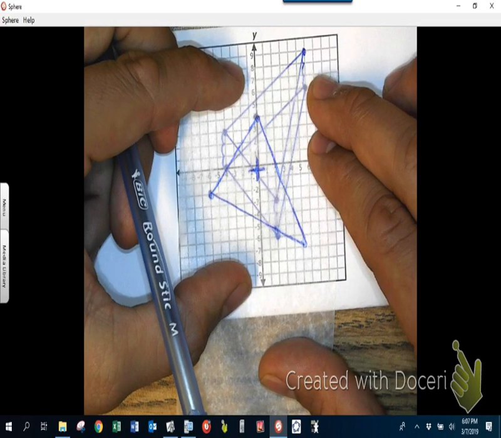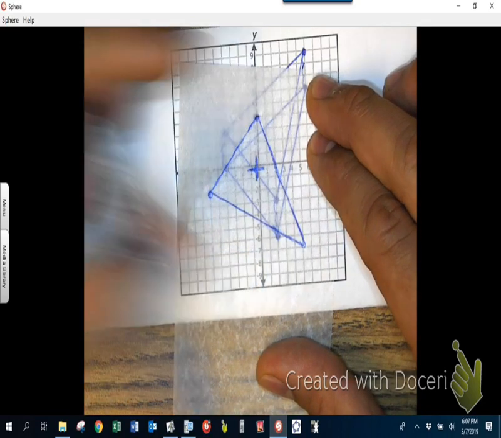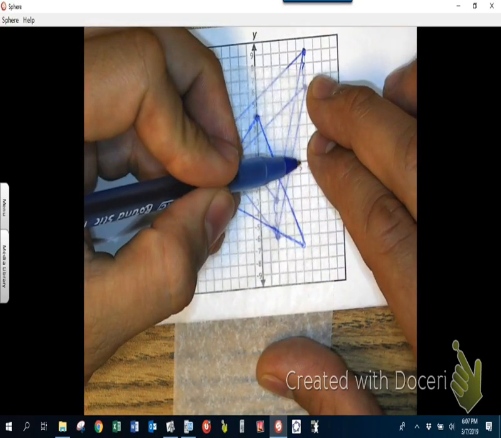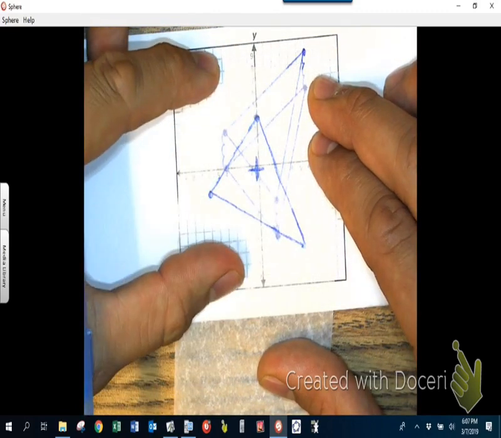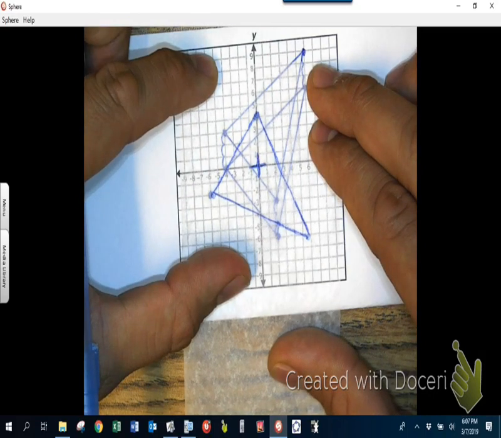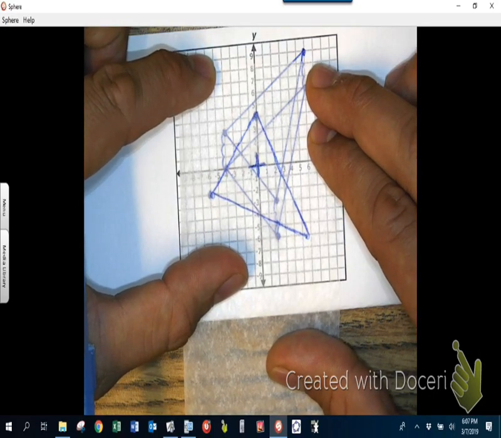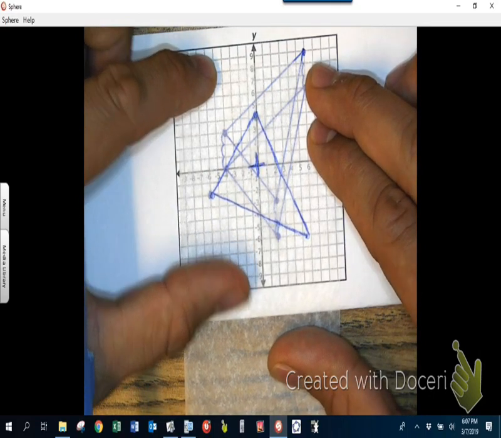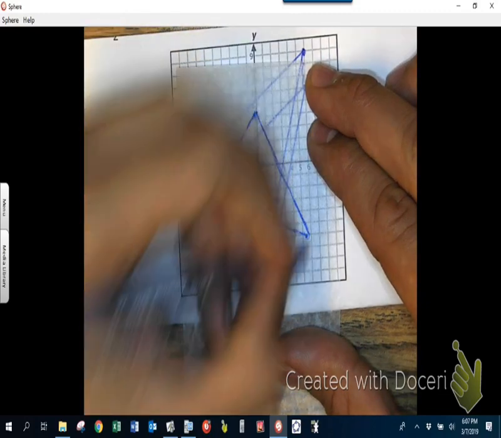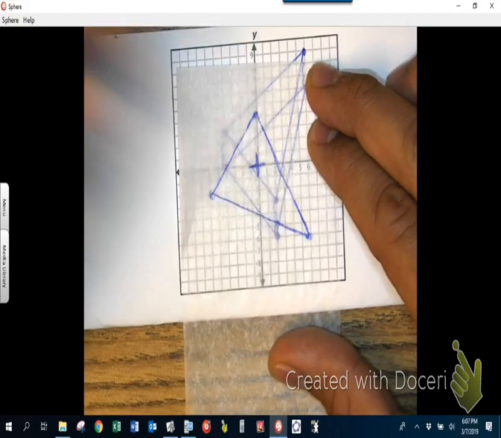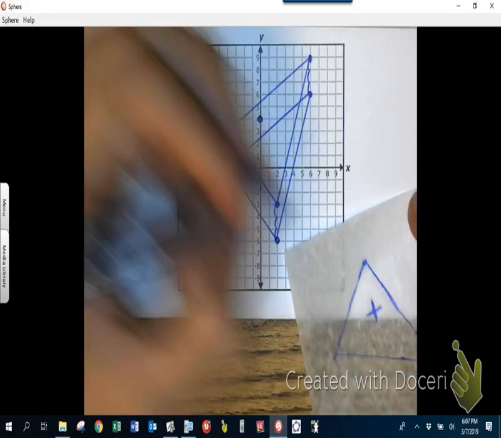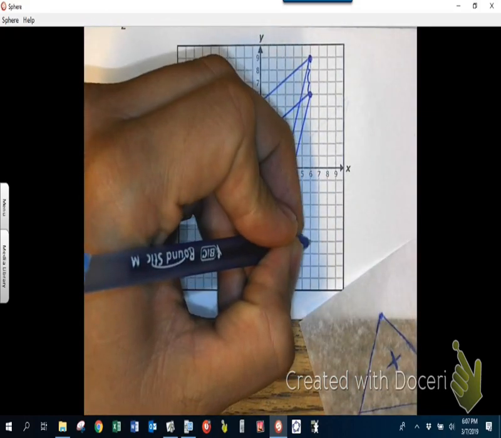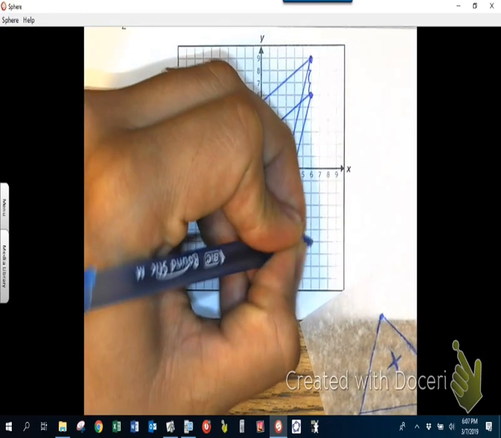Let's see. Oh no, there it is. It's going to be at 5. No. Did I move this? Oh, I moved this really badly. Nope, this is what I get for not tracing it very well. The last one looks a little bit off here. I guess I didn't trace it super well. But it should be at 6, -6. So I'll go ahead and mark 6, -6.